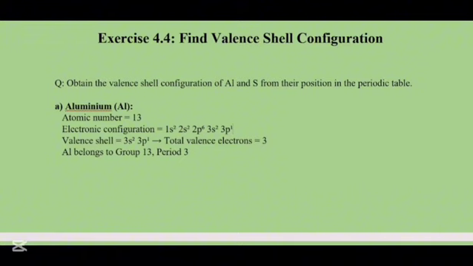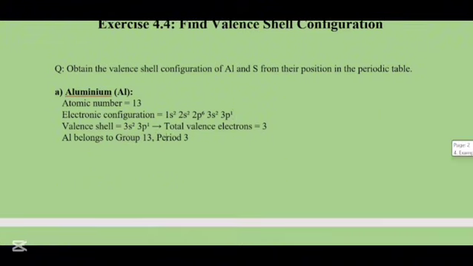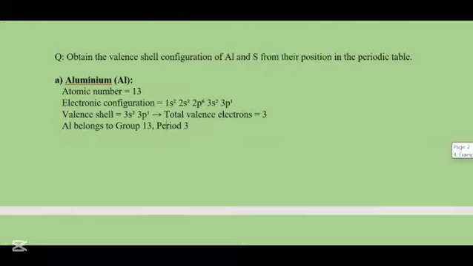As such, aluminum belongs to group 13, period number 3, and it has a total of 3 valence electrons. Why? Because 2 plus 1 is 3, so 3 plus 10 is 13. It belongs to group number 13, and 13 minus 10 is 3. It means that the valence electrons are 3.